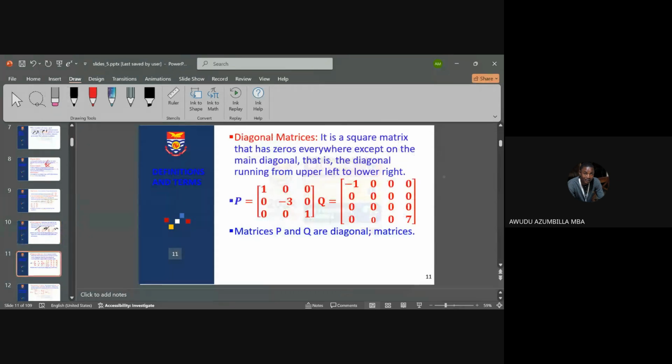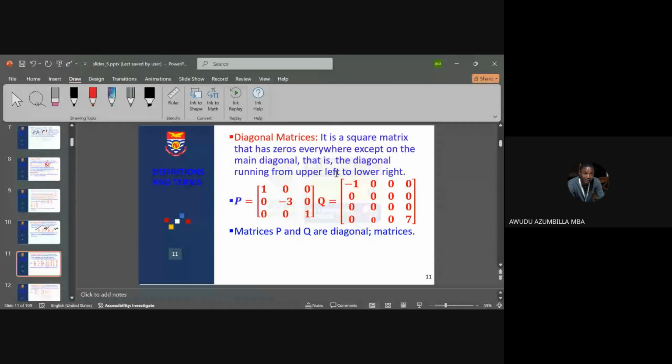Let's go to diagonal matrices. A diagonal matrix is a square matrix, meaning it has the same number of rows and columns, that has 0 everywhere except on the main diagonal. That is, the diagonal running from the upper left to the lower right has the non-zero elements. Now, this is different from an identity matrix.